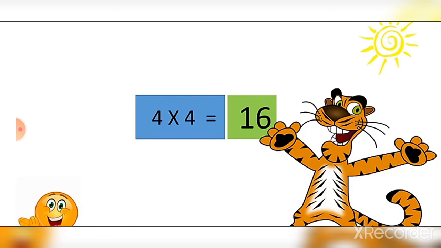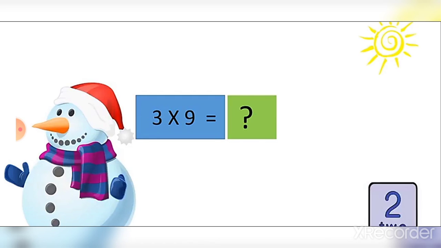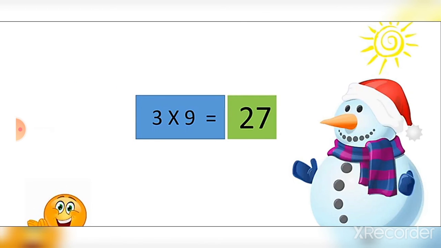Yes. Next is 3 9s are. Oh, what will come? 3 9s are 27. Wow.